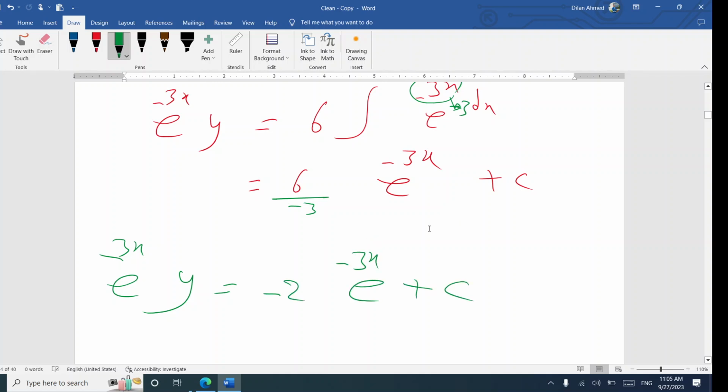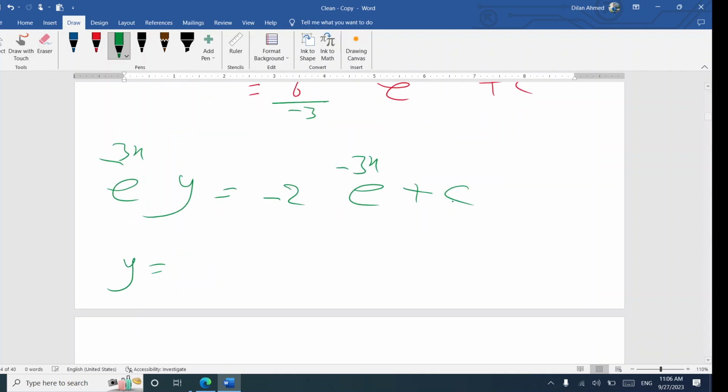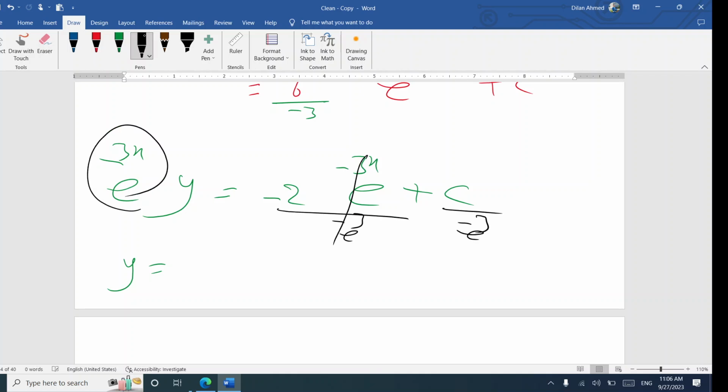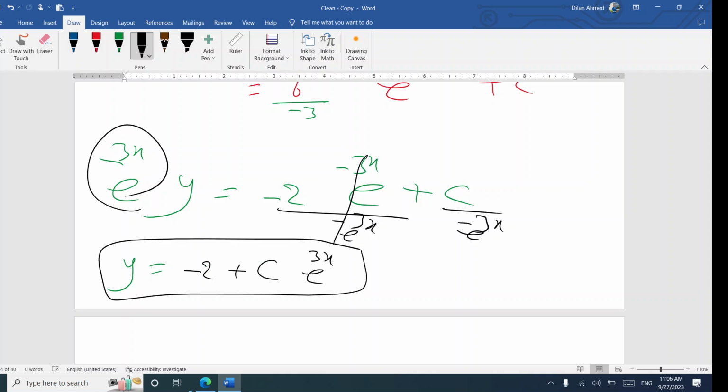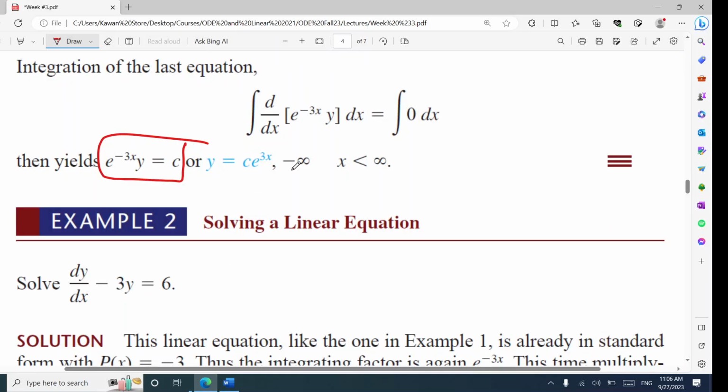Clear? Then divide it here. So it will be what? Bring it over, yes. 9, okay, 9. 9.5.